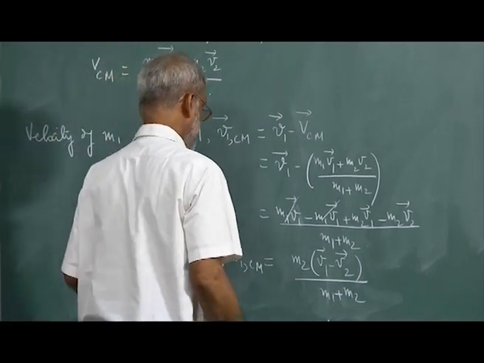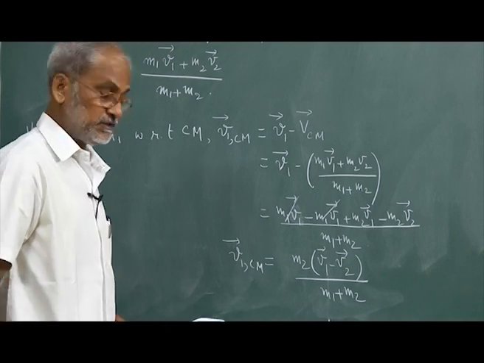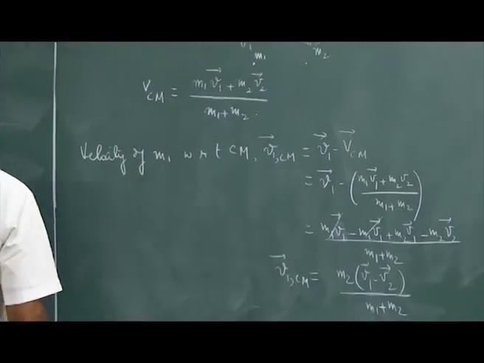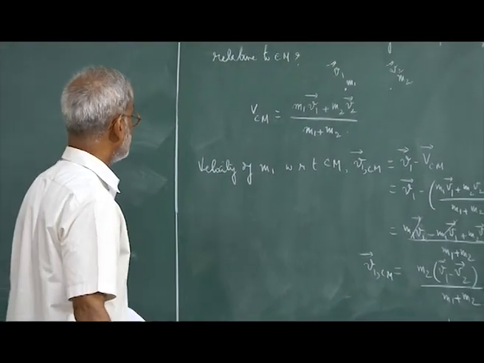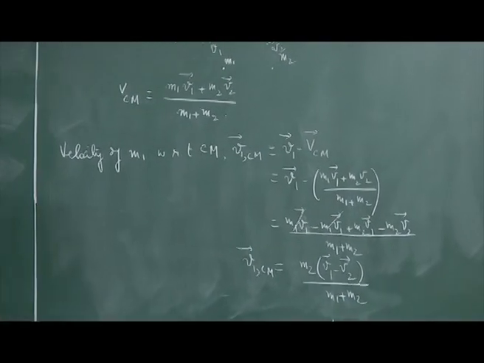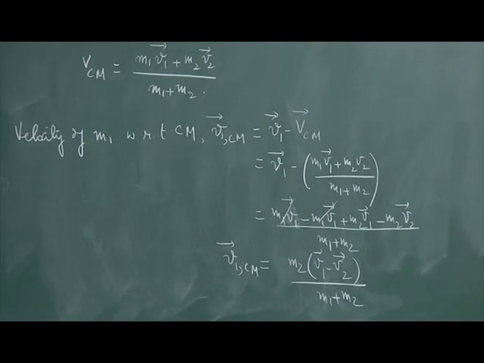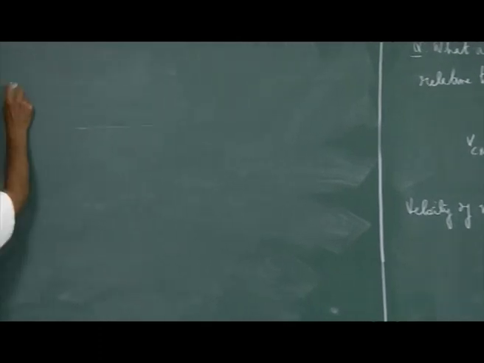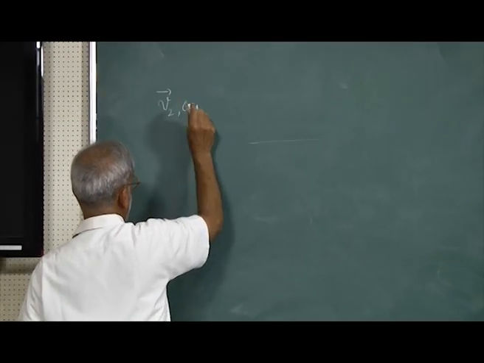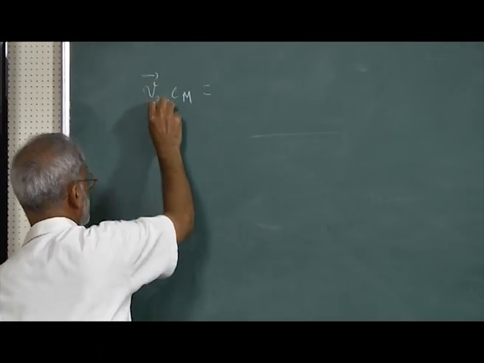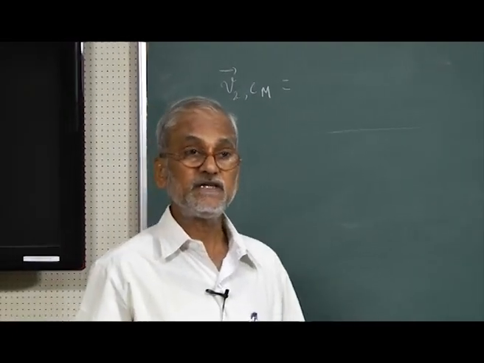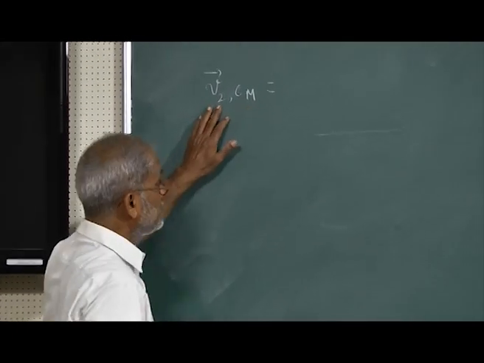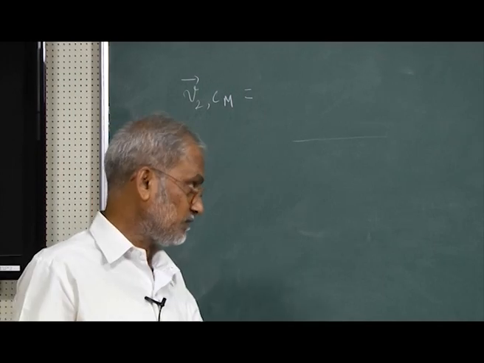Okay. Now, you can write down the velocity of the second particle relative to the center of mass, which I will write here.